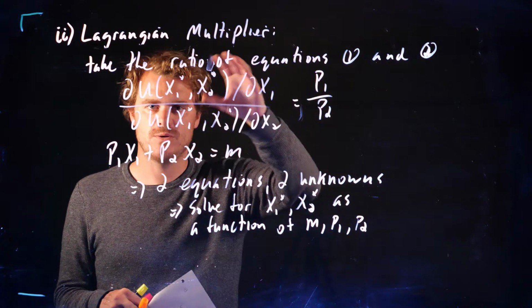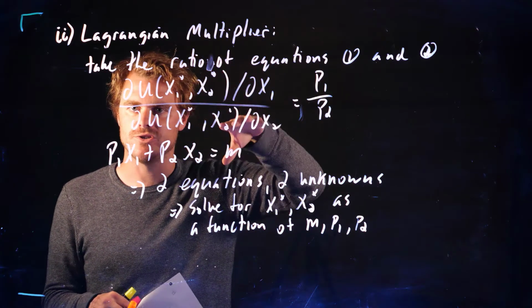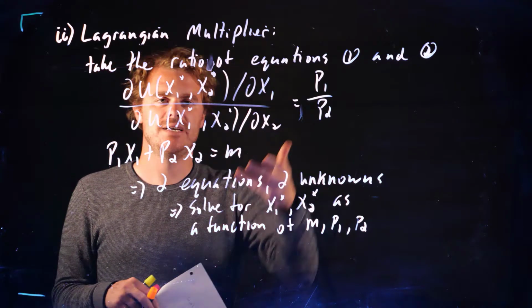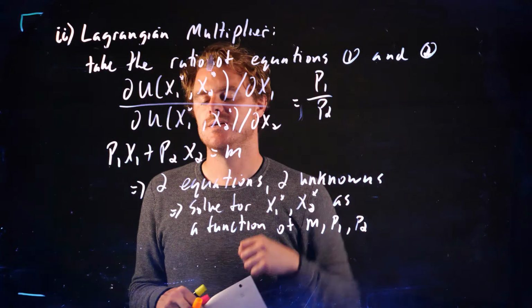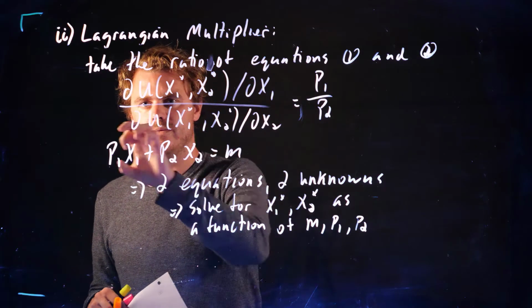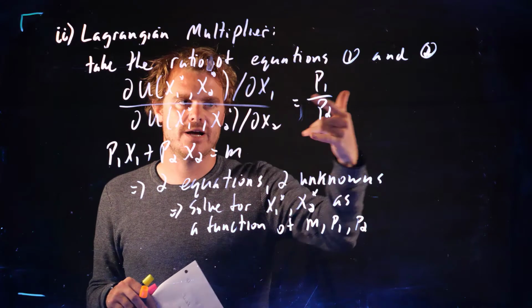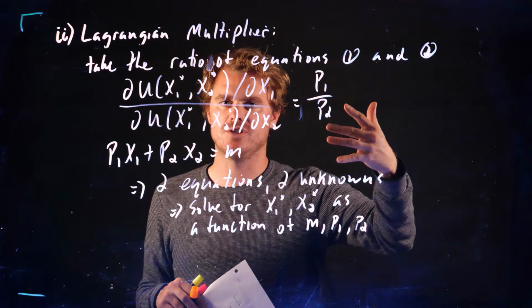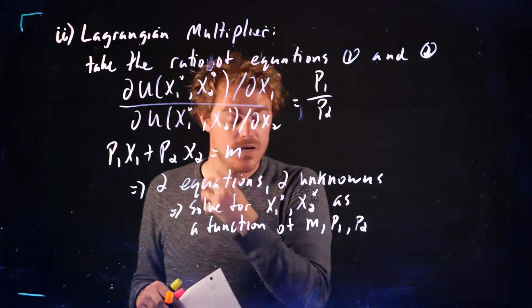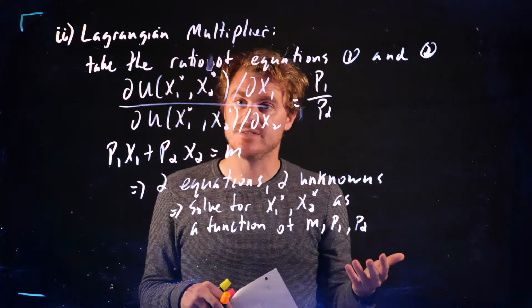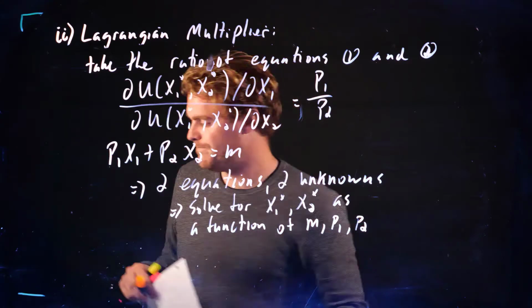So you just take the ratio of those first two partial derivatives of L with respect to x1 and L with respect to x2, and we get this. Then that third partial derivative with respect to lambda is just the budget constraint. We're back to what we've seen before in terms of two equations and two unknowns. But let's go through an example of the Cobb-Douglas preferences in terms of these different methods.